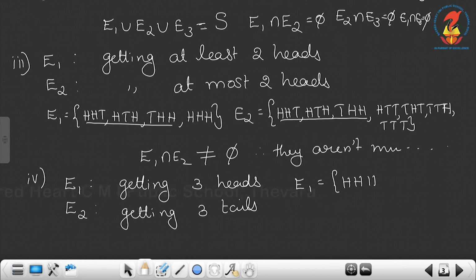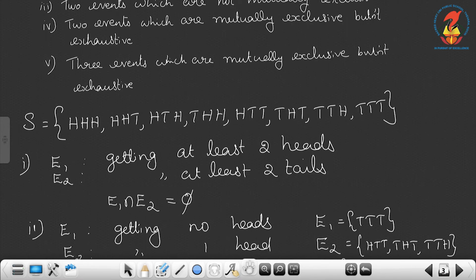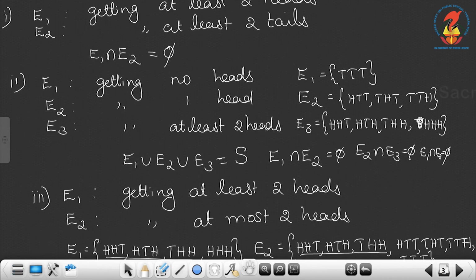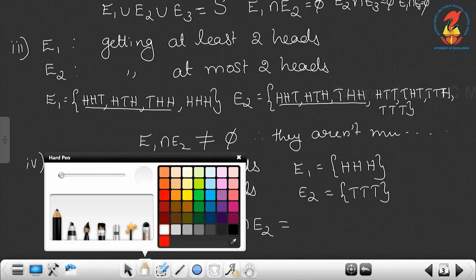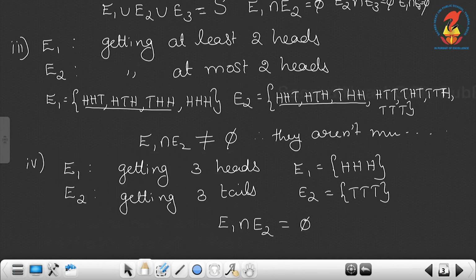Triple H. E2 is triple T. Okay. Then E1 intersection E2, that is null set. And over here what we need? 2 events which are mutually exclusive. Okay. So intersection is equal to null set.